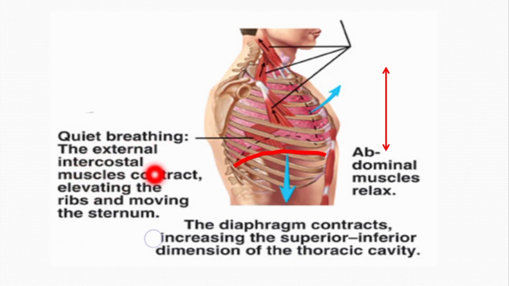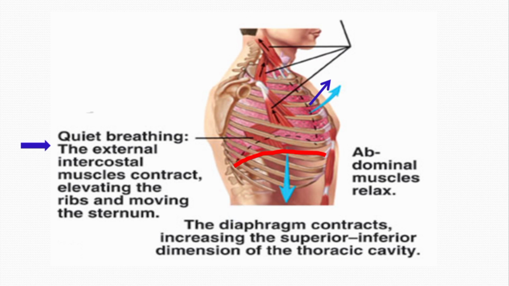Now, the other muscle, external intercostal, which runs in between the ribs, also contracts, and due to that, the rib cage elevates upwards. So the anteroposterior and lateral diameters of the chest cavity also increase.